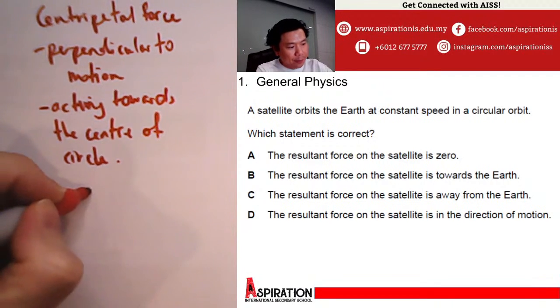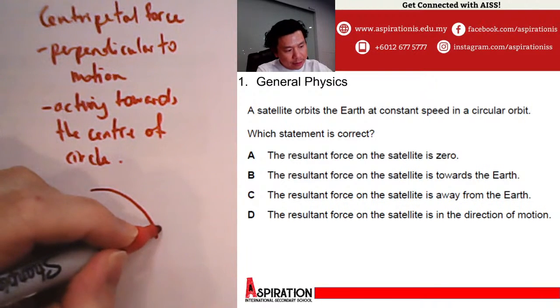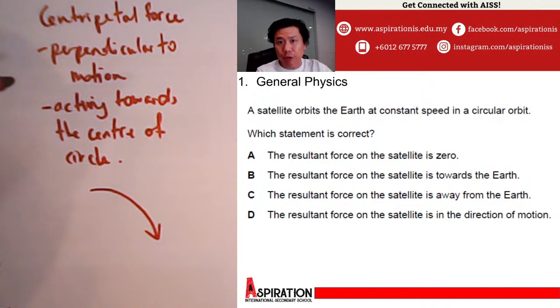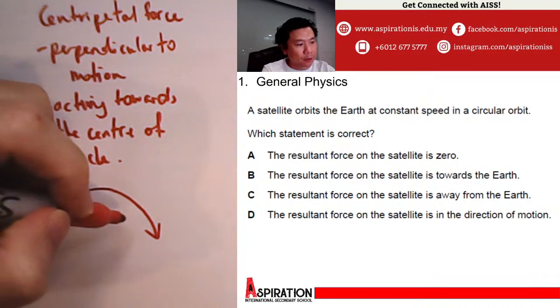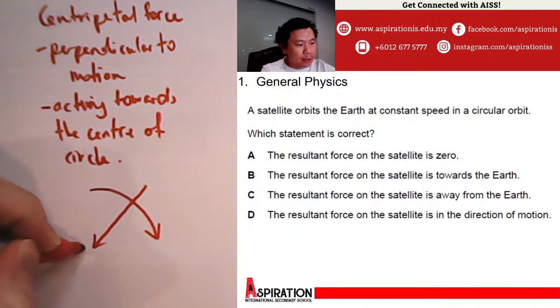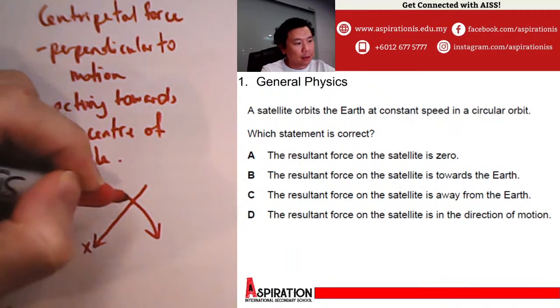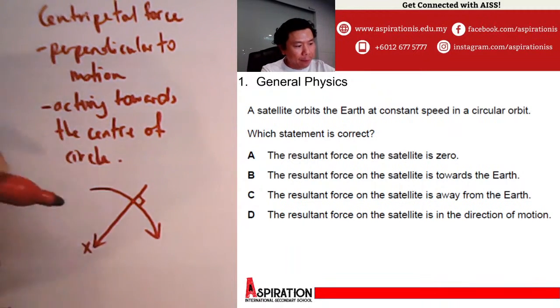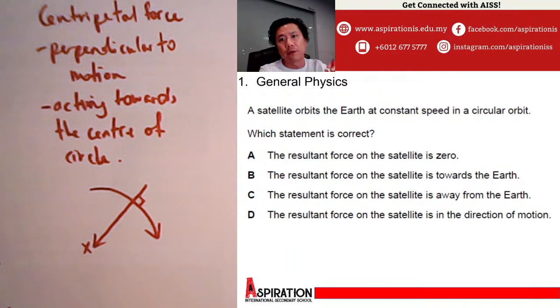For example, if the object is moving in this direction, you can see that it is not a straight line. Therefore direction changes, therefore there is acceleration, therefore there is resultant force, which is centripetal force. So centripetal force will act this way because this is towards the center of the circle, and this is perpendicular to the motion of the object.